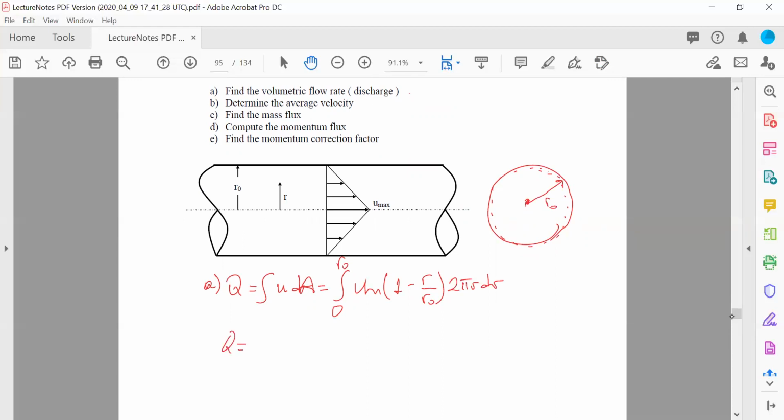From here, discharge equals, please note that u max is constant and 2 pi is constant, take those out, 2 pi u max.